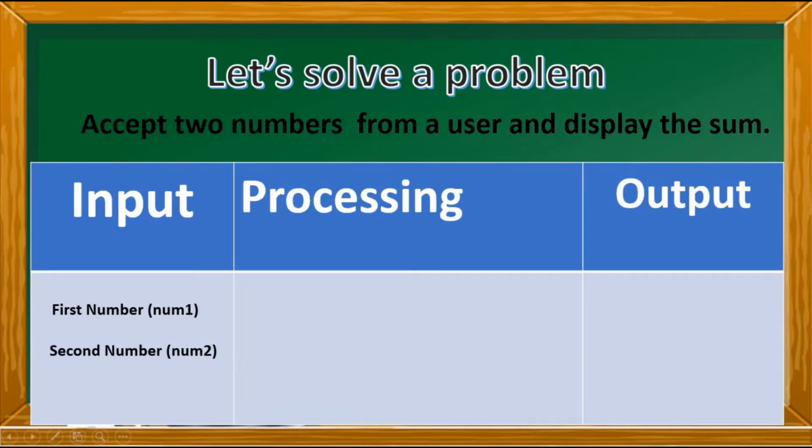Instead of having to say 24, 35, etc., we use a broad name called num1, which would represent any number that the user wants to enter first. The same applies for num2. For the output, we know that this is going to display the result of the two numbers that we collected, which is the sum.